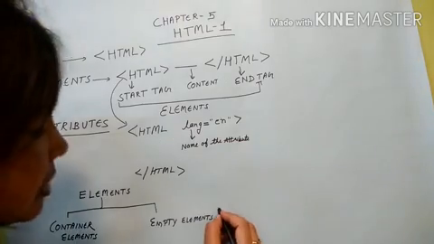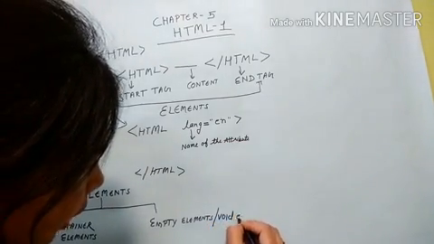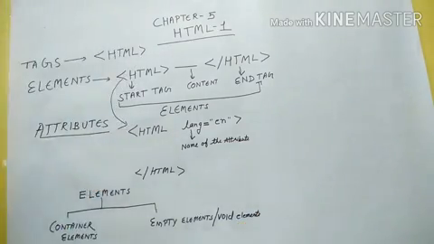These empty elements are also known as void elements. Container elements are the elements where both the tags are available, start tag as well as end tag. And empty elements are the elements where only the start tag is available.